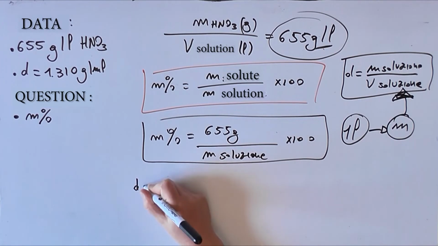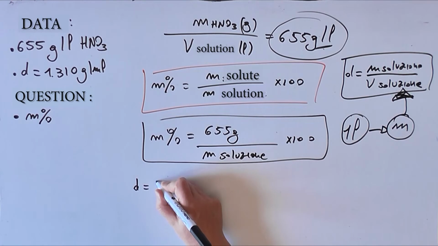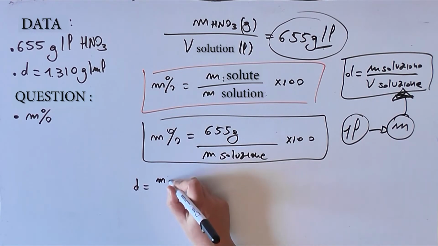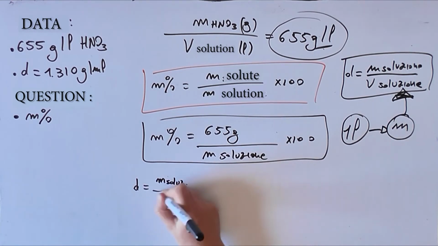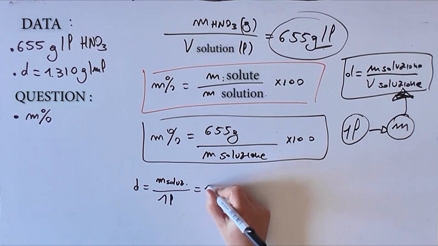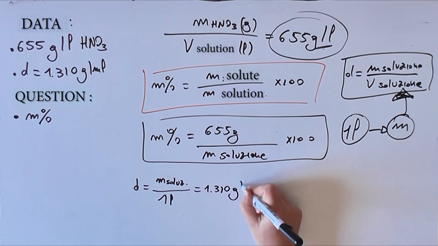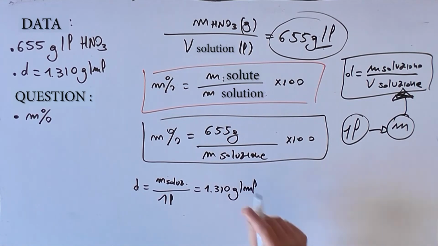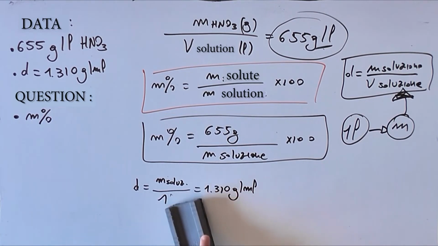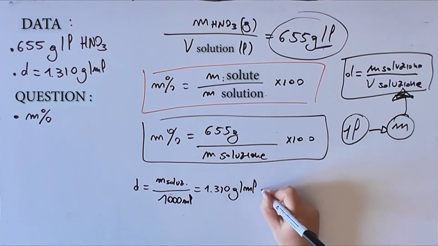So density is equal to the mass of solution, that I don't know, so it's my unknown quantity, my x, divided by 1 liter, equals 1.310. Density is expressed with milliliters, so I cannot use liters here, and I have to put 1000 milliliters. So pay attention to units again.